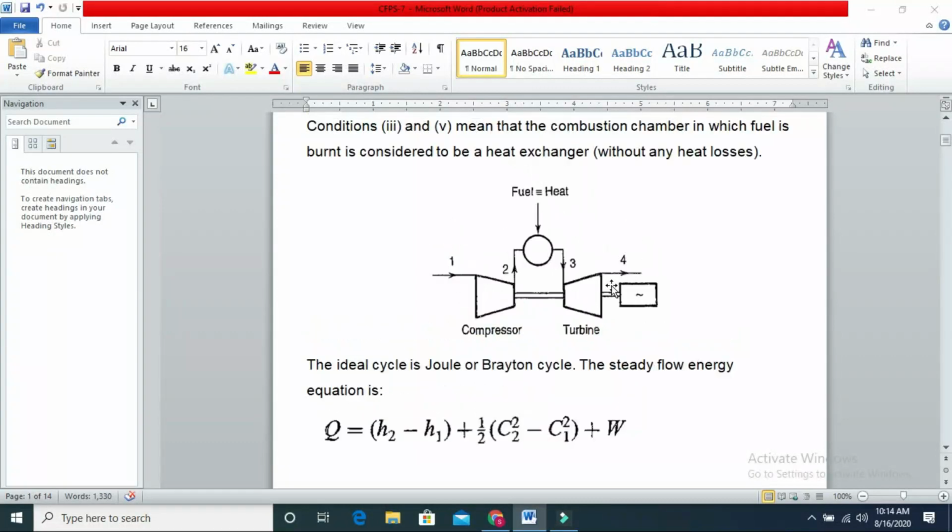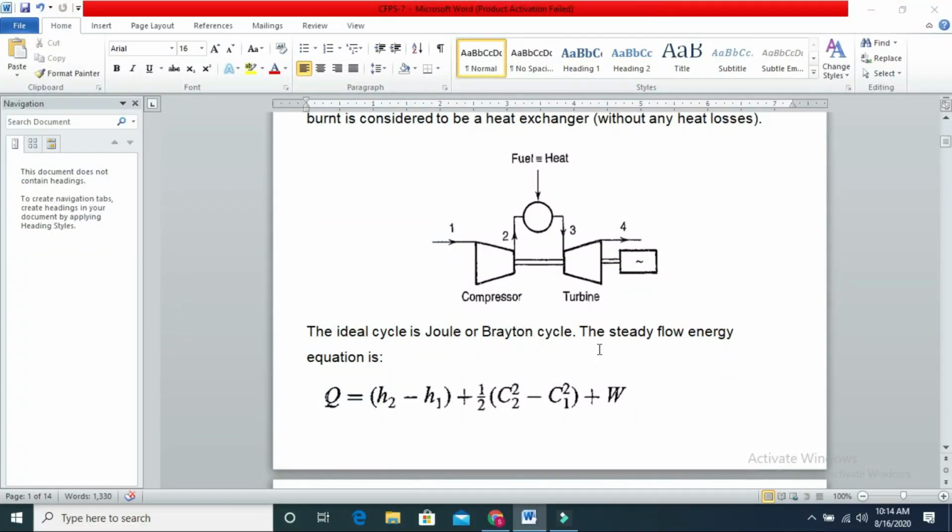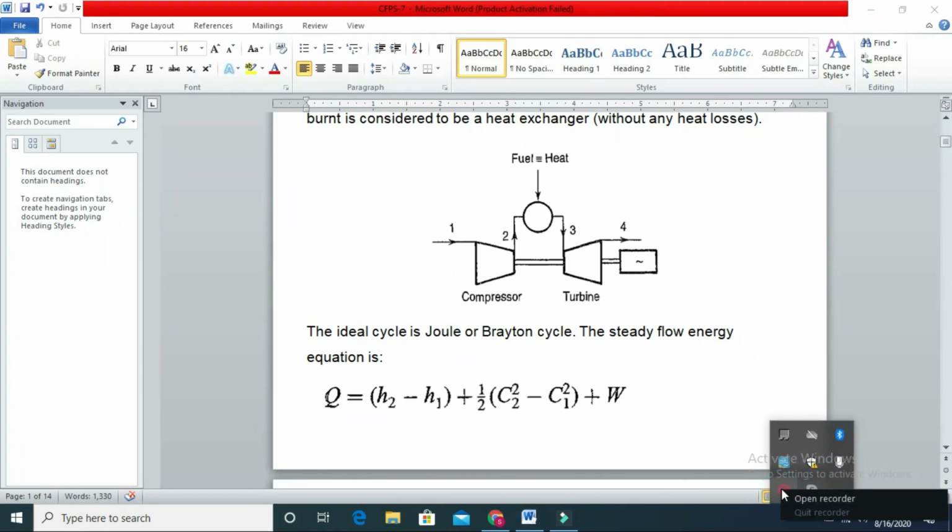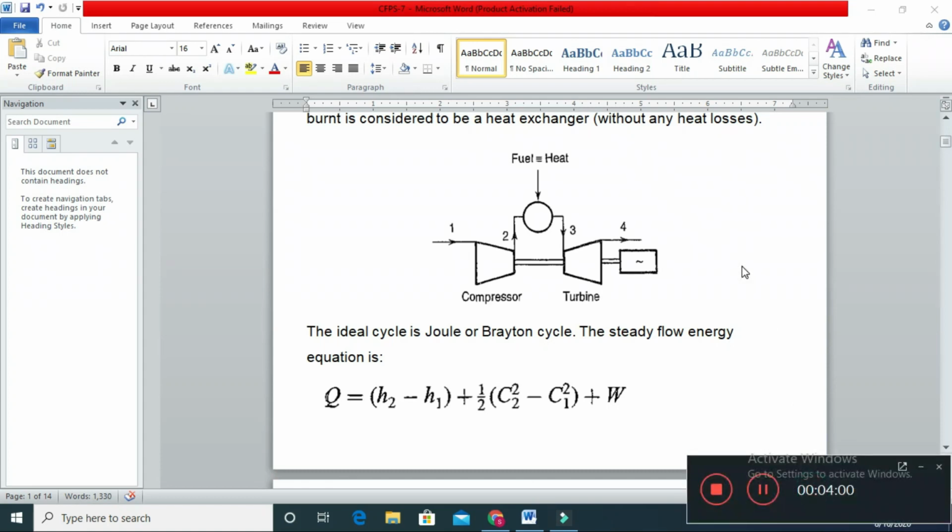The ideal cycle is Joule or Brayton cycle. It consists of two constant pressure processes and two constant entropy processes. For the analysis, we use the equation of first law of thermodynamics, which include the term for heat, for work, and the changes in energy of the fluid.